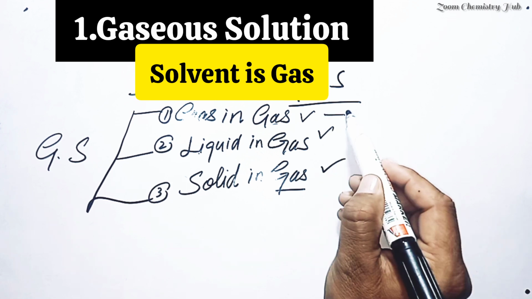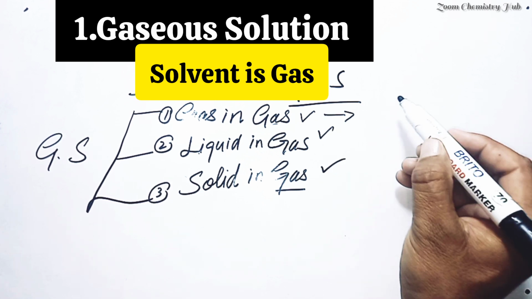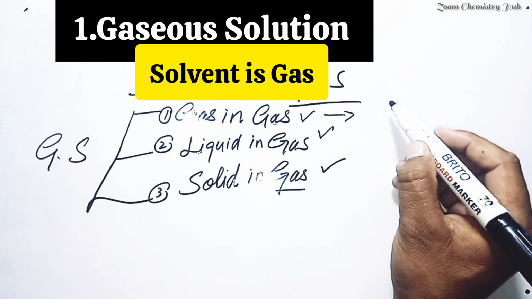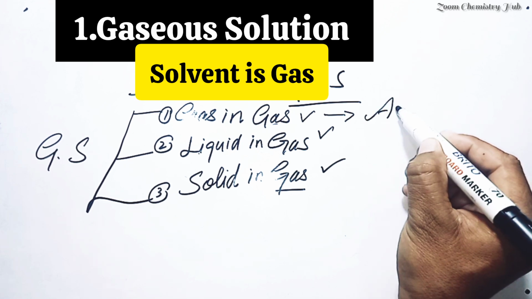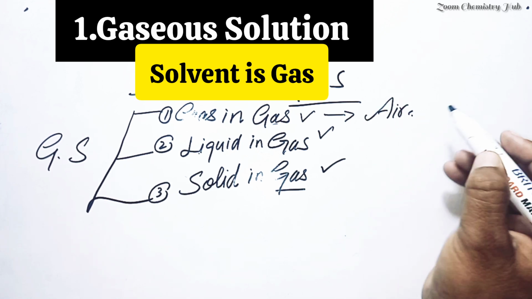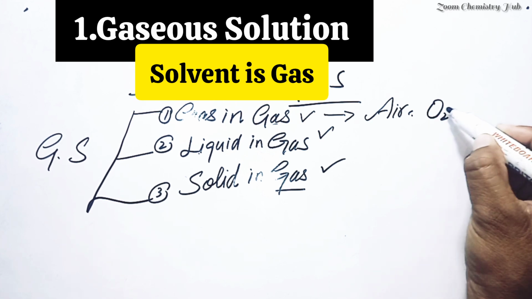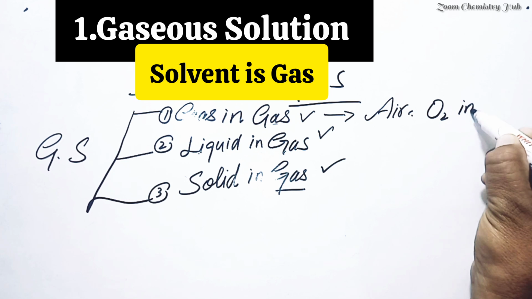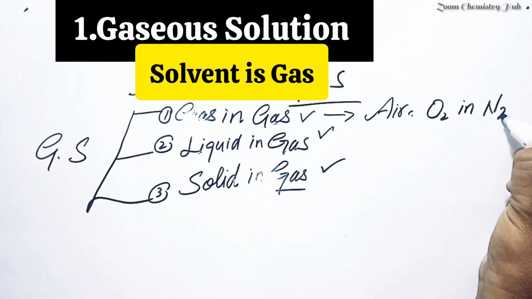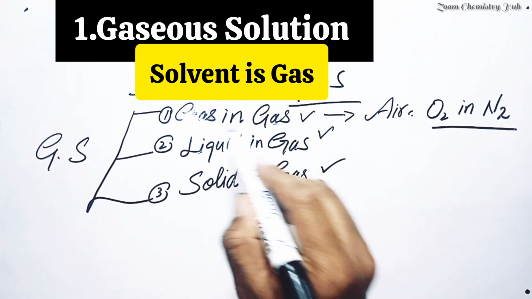And we have the example of gas in gas, that is air. We know that air consists of oxygen and nitrogen. So oxygen in nitrogen is the example of gas in gas.